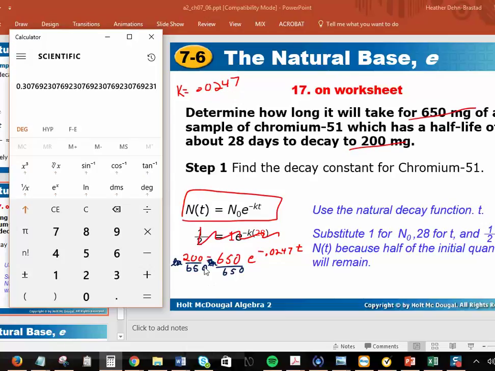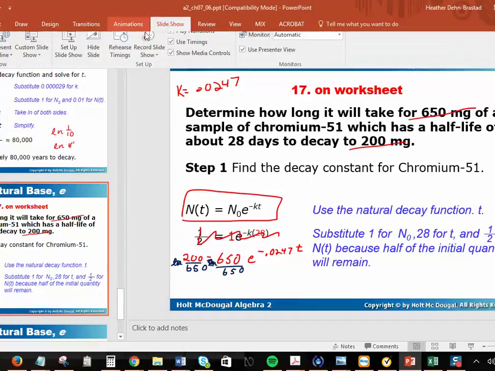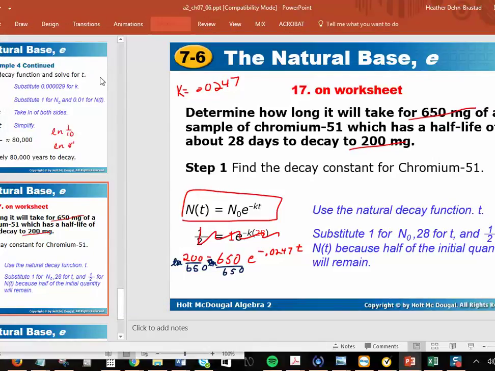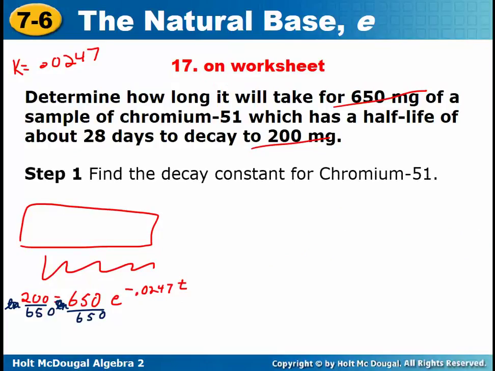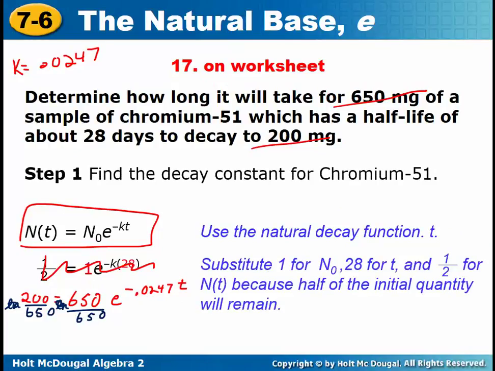Or should I just leave it as a fraction, maybe? I probably should. Okay, I'm going to leave it as a fraction for now so that I have a more accurate solution. I can write that as 20 over 65.